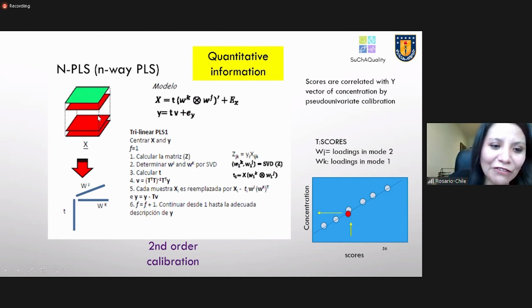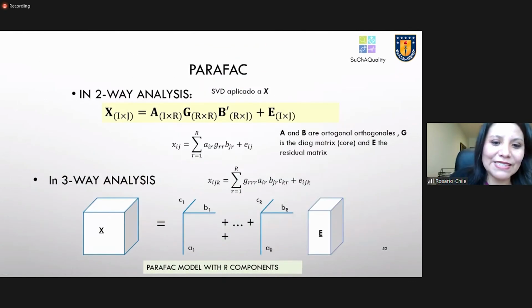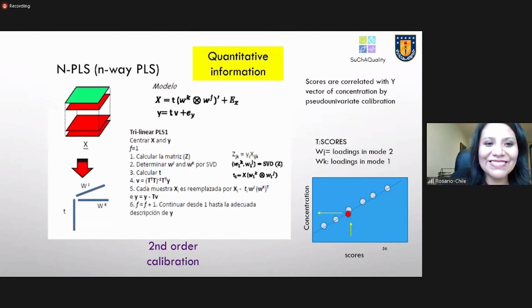I will use PARAFAC, the decomposition that we will see here, and the scores of the PARAFAC decomposition will be plotted. Each sample has a score, which will be plotted against the concentration of that sample. In this step, called pseudo-univariate calibration, I will have a linear equation.